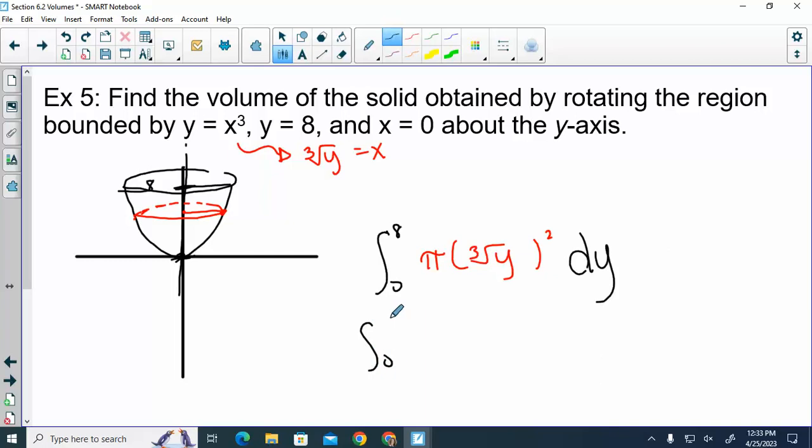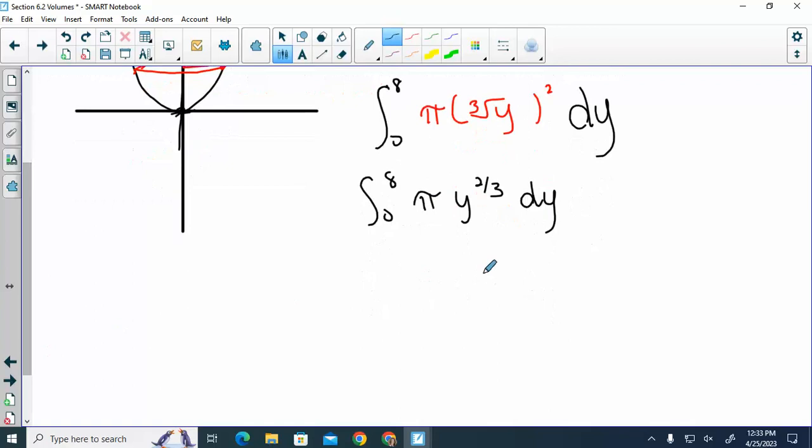So we're going to go from 0 to 8. Pi, that would be y, cube root is like a 1/3, squared would be a 2/3. So if you add 1 to the power, 2/3 plus 1 is 5/3.